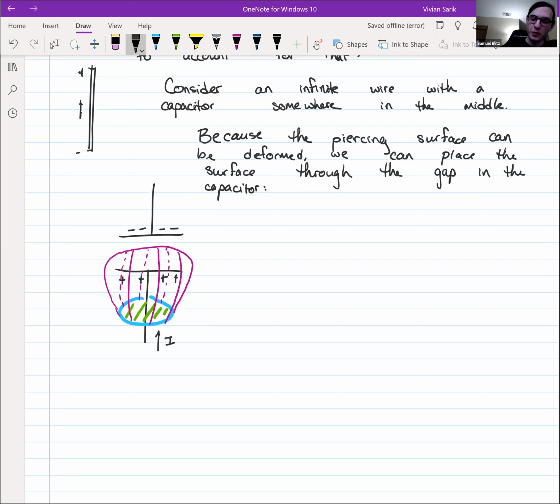So we should have that B dot dl. This part of the integral doesn't care about the surface. That's just the blue line, right? We should have that this is equal to mu naught I enclosed, and I'm going to put I green.